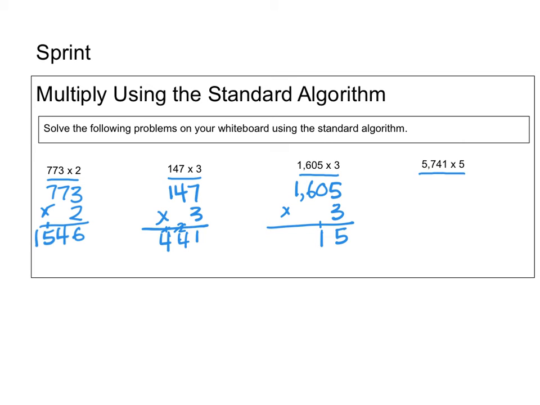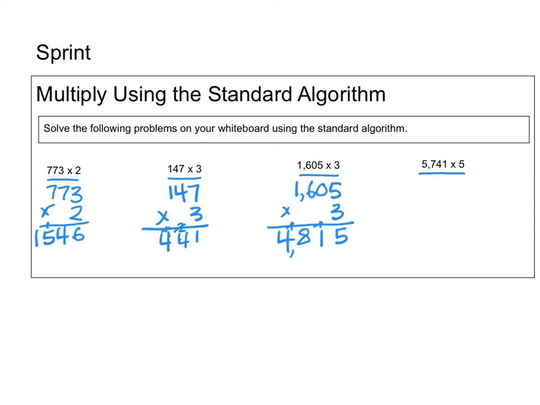All right, then we go to 600s times 3. Well, 600 times 3 is 1,800, so I can put my 8 here, and then I've got 1,000 that I can add to the thousands column. So 1,000 times 3 is 3,000, plus that 1 is 4,000. So my answer there is 4,815.